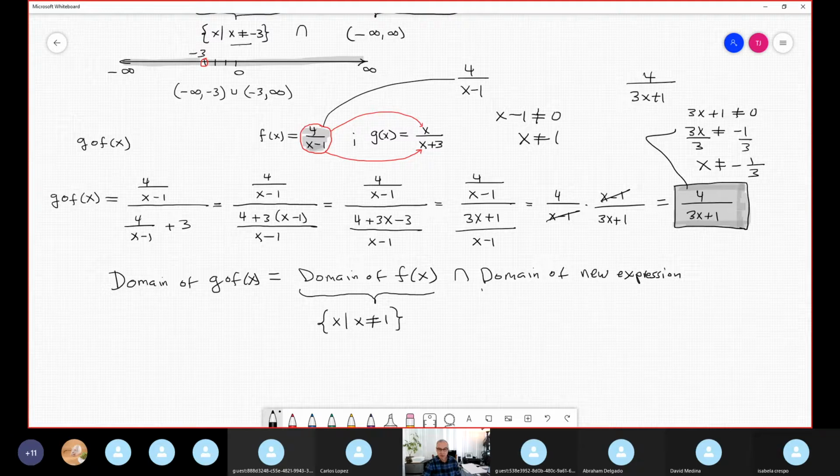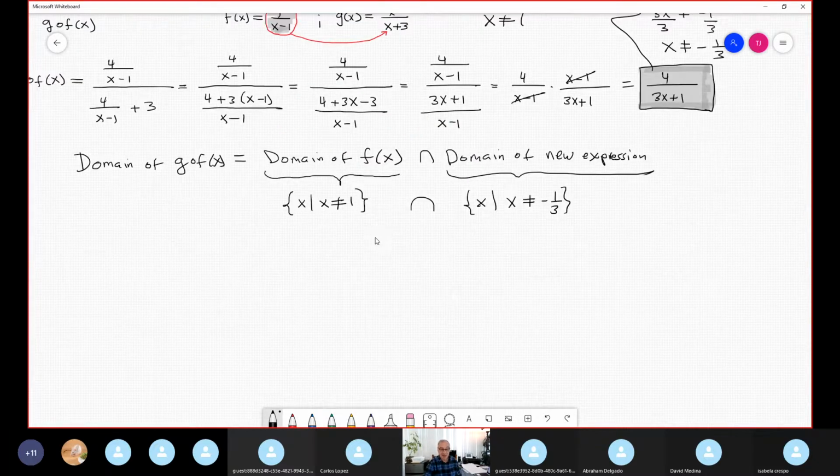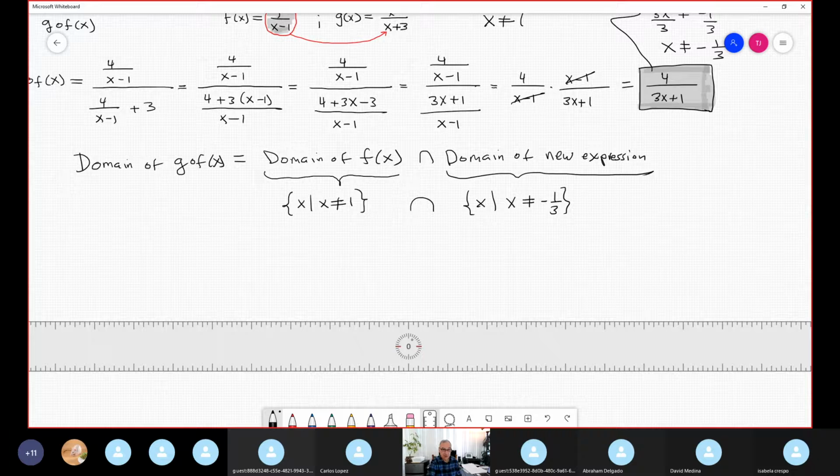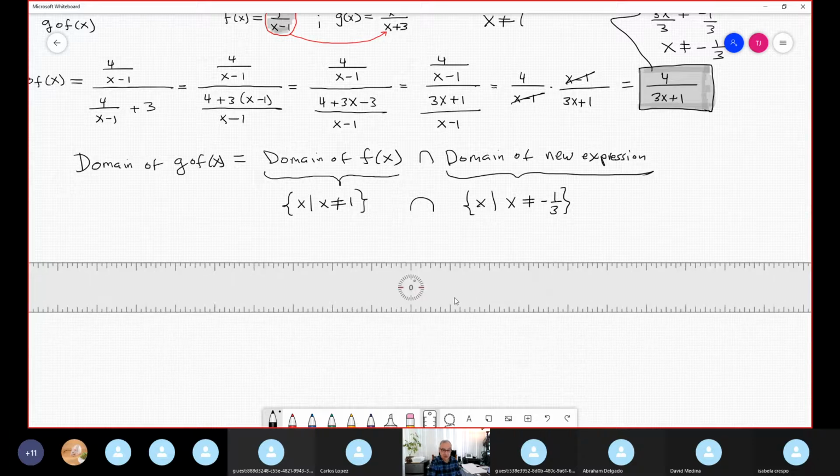So the domain for the new expression is x such that x is not equal to negative 1/3. And you put together and you intersect, using intersection, not union, intersection.